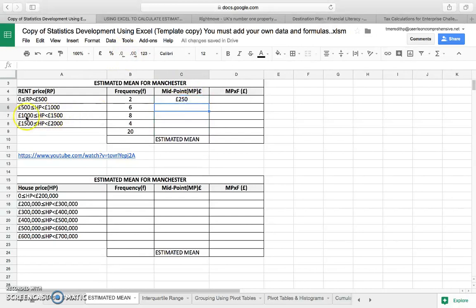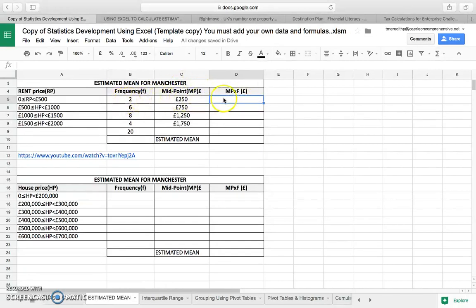So what's the midpoint between 500 and 1,000? So that's 750. The middle point between 1,000 and 1,500 is 1,250. And here, 1,750 there.